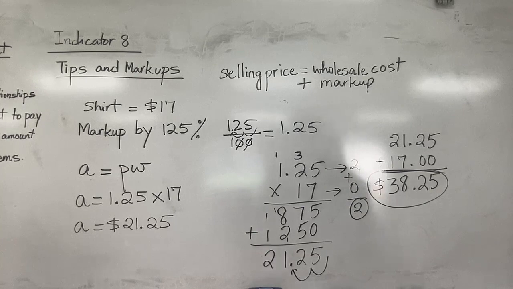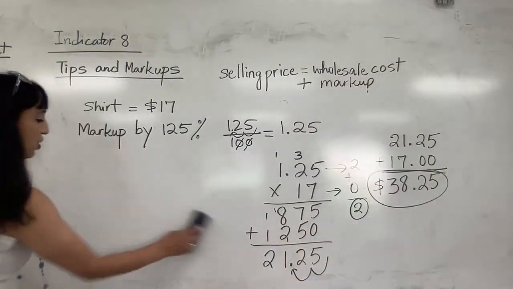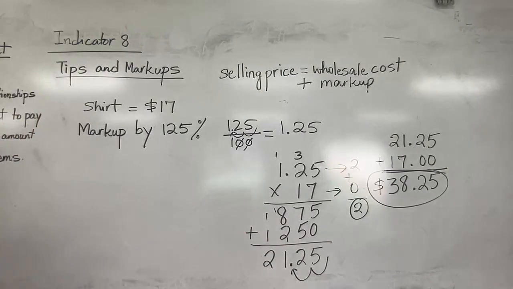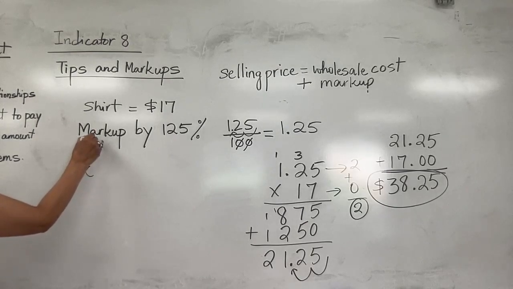Okay. And then again, you can use ratio reasoning, which we have discussed before. So we are just going to write a proportion once again. So this same thing, I'm going to show you again with ratio reasoning. We are going to call the amount of markup X. So this is my markup.